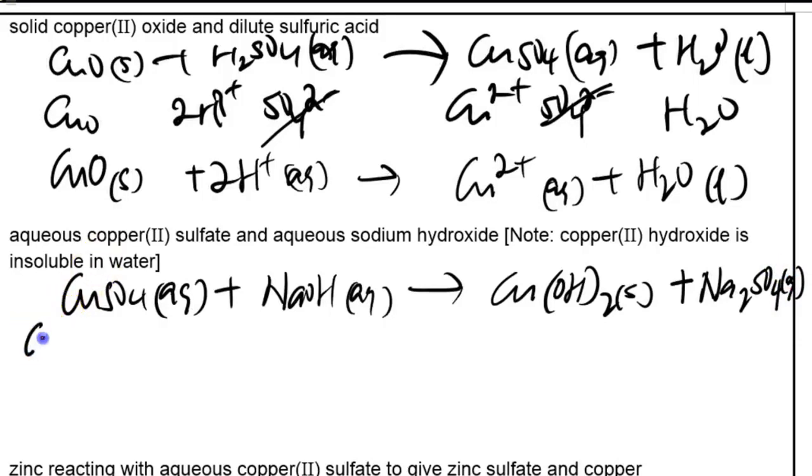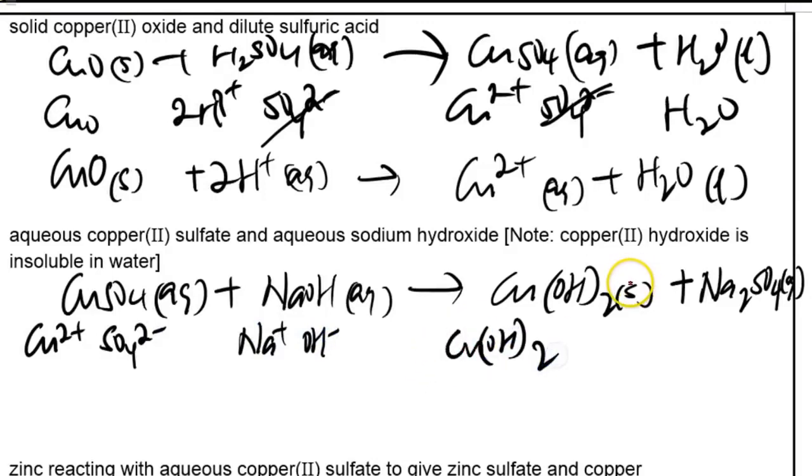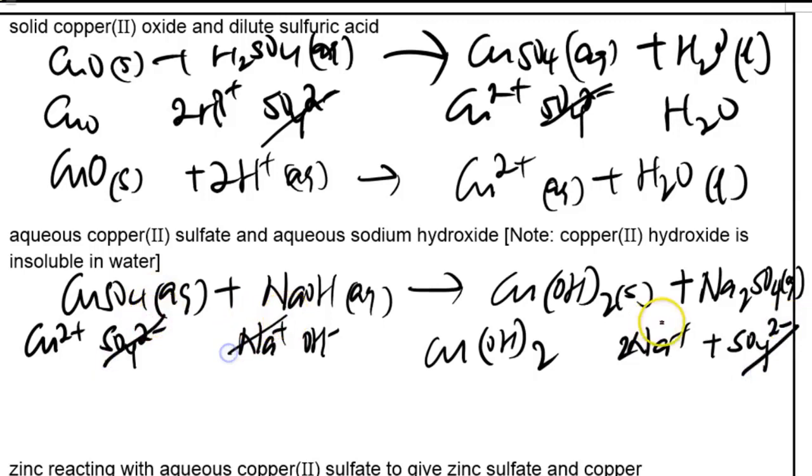Next step, split into ions: Cu2 plus, SO4 2 minus, Na plus, OH minus. Cu(OH)2 stays by itself because this is a solid, it cannot dissociate. It is insoluble in water. And we have Na plus here, and we have SO4 2 minus here. So we cancel like ions on both sides. SO4 is gone, Na plus is gone, and what do we have left?